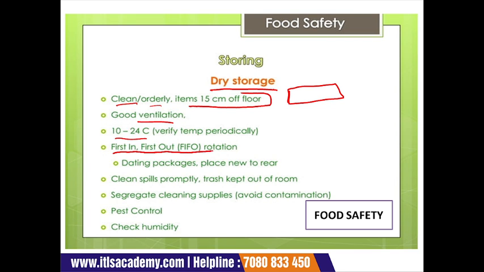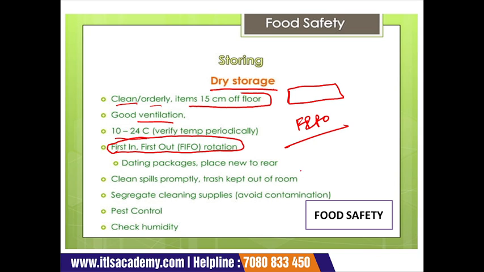Good ventilation, 10 to 40 degrees Celsius temperature. First in, first out should be followed. This is very important. FIFO should be followed. And how will it be checked? This is the duty of the food safety officer to check whether FIFO is being followed or not.